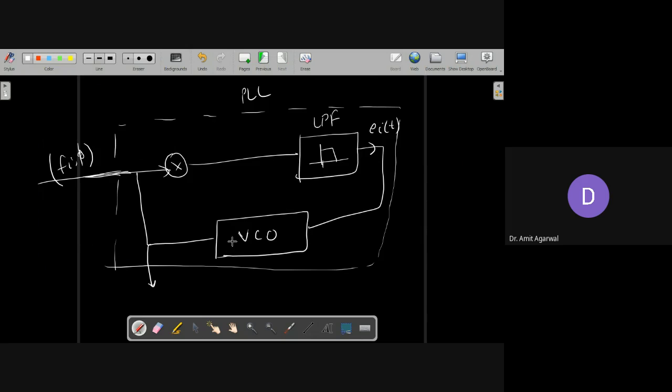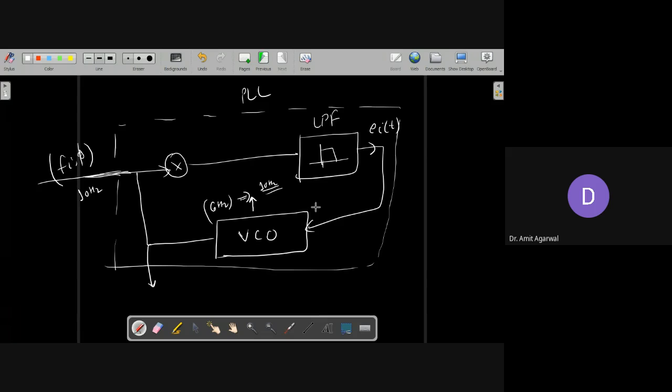Suppose you gave 10 hertz here and the VCO's initial setting was 6 hertz, then the error will be positive, and this gives an indication that you should increase your VCO frequency. So it will increase up to the point when this VCO frequency is equal to 10 hertz.